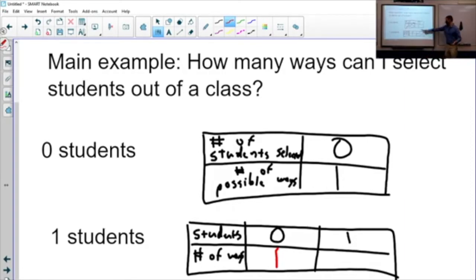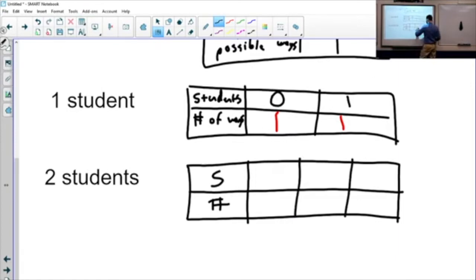How many different ways could I select 1 student? 1. I could either pick her, that's the way that I select one student, or not pick her, which means I'm selecting 0 students.